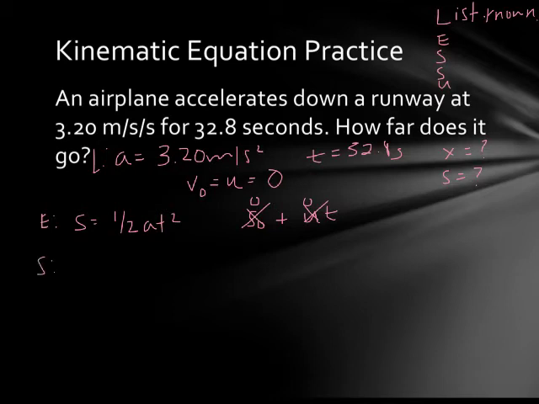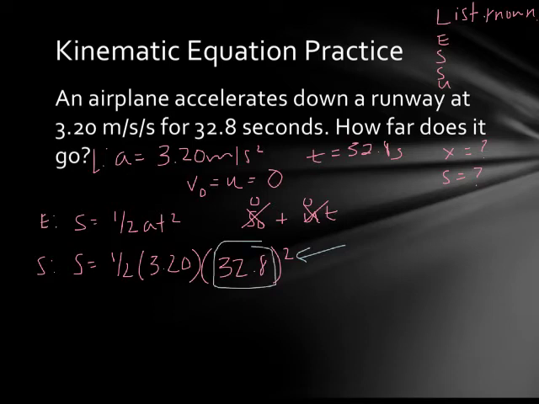So if we solve, our position is 1/2 times 3.2 times 32.8 squared. One thing, be careful when you plug that part into the calculator: the only thing that is squared is the 32.8. So make sure you're following your order of operations.